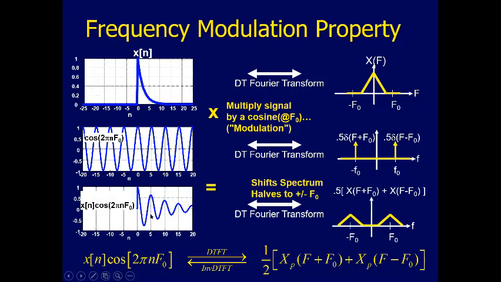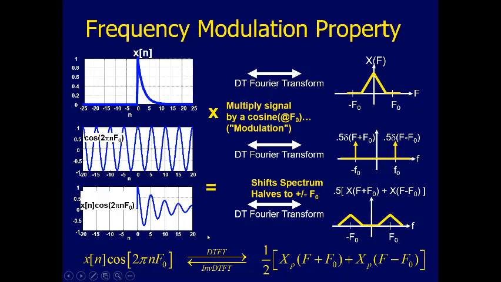When I multiply these in the time domain, I get a signal whose envelope follows the original signal, but it's a sinusoid rattling back and forth beneath that signal. This modulated signal has a DTFT that looks like the original signal's spectrum, now split and shifted up and down by f0. This is the modulation property.